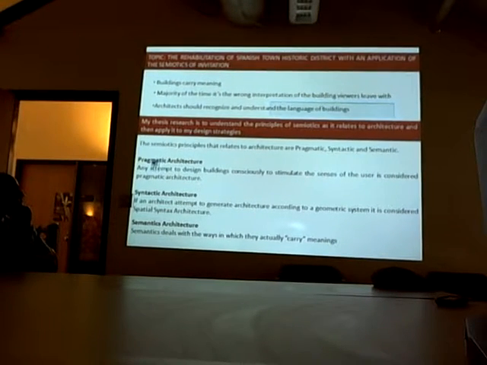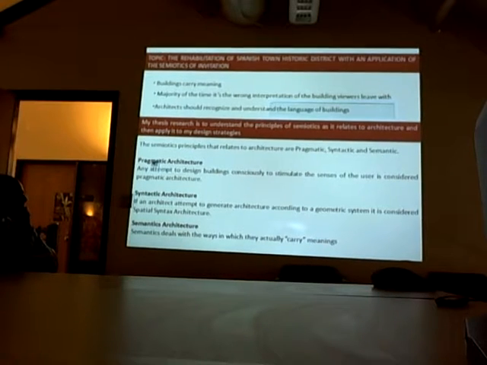So for my thesis research, I'm trying to understand not the entire aspect of language, but specifically as it relates to semiotics, and then apply it to my design purpose.